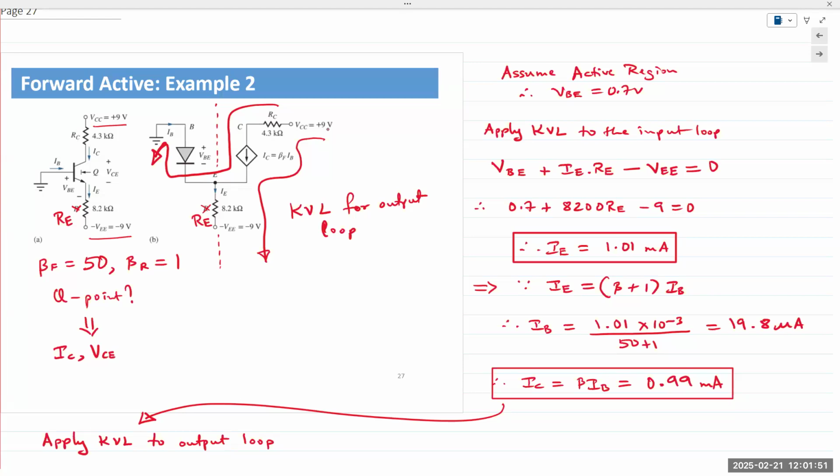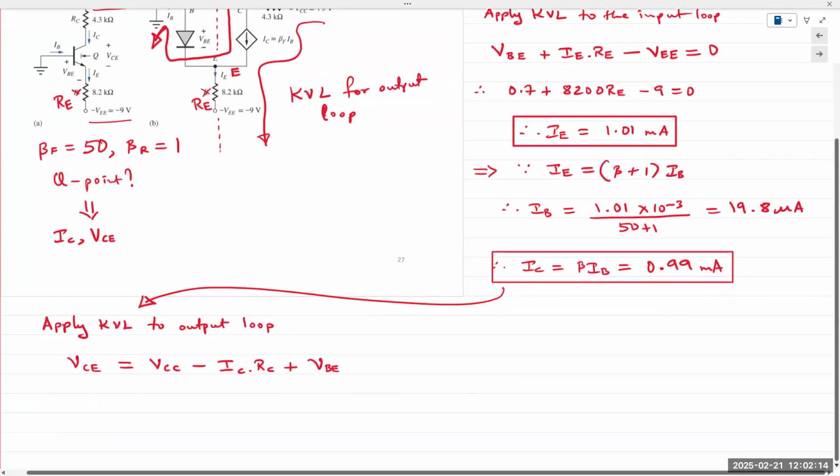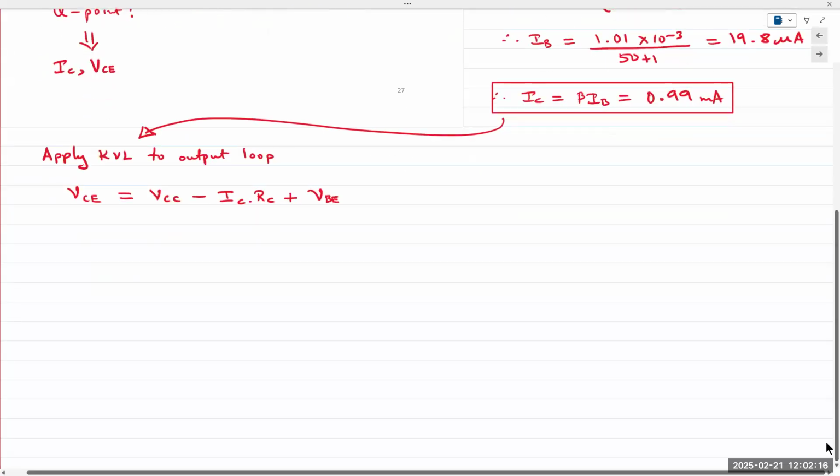VCE appears in both loops. If I look at the circuit, VCE appears in both loops, right? Emitter is right here. So I can apply it in the other direction, or I can do it with VBE. I would say outside of class, practice with the same KVL expression. We have values for IE.